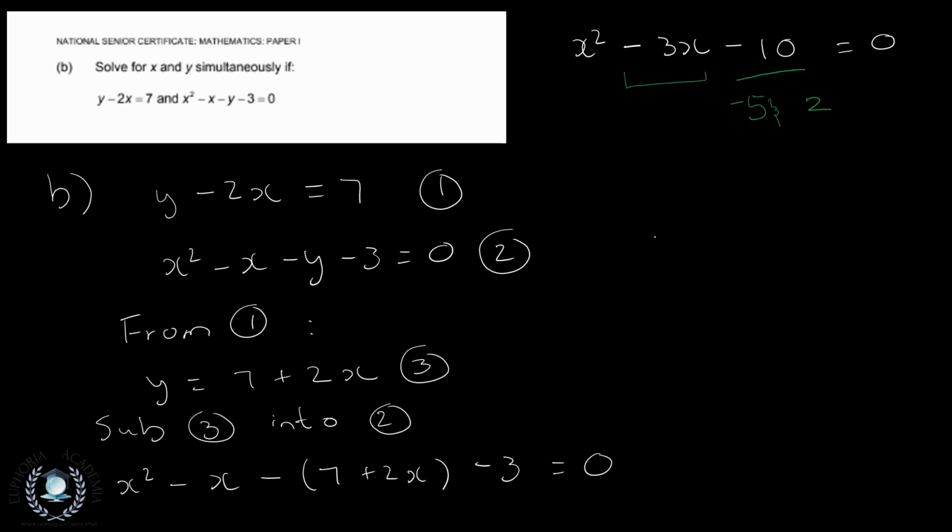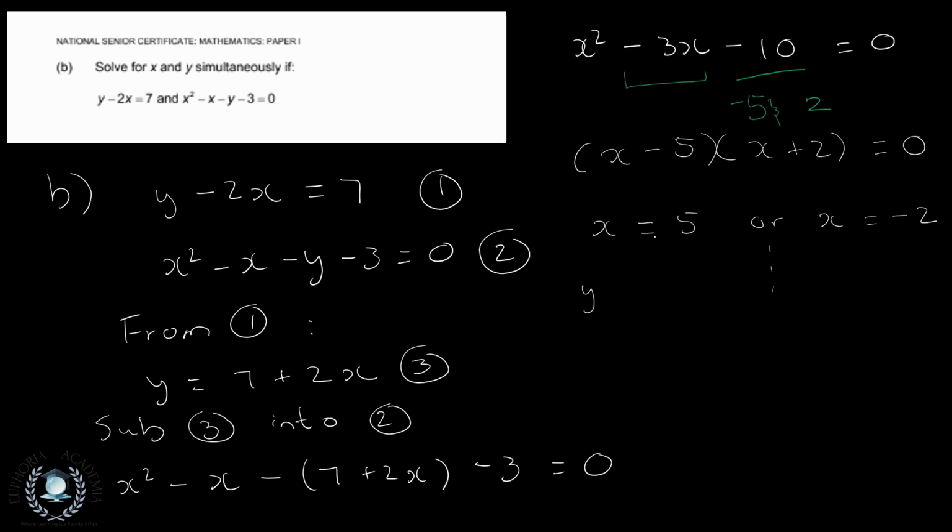So let's quickly factorize that. I'm going to end up with x minus 5 multiplied by x plus 2 being equal to 0. Now we're going to have that x is equal to 5, or x is equal to minus 2.